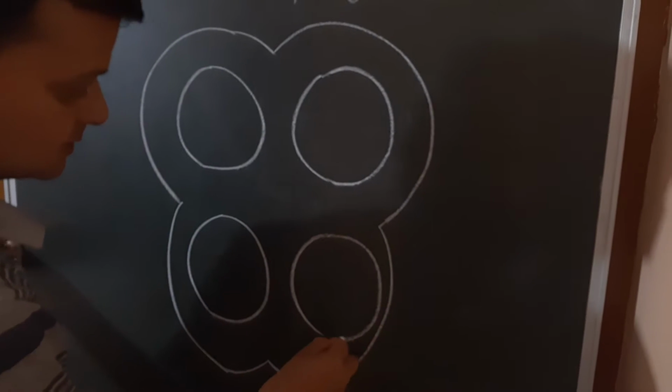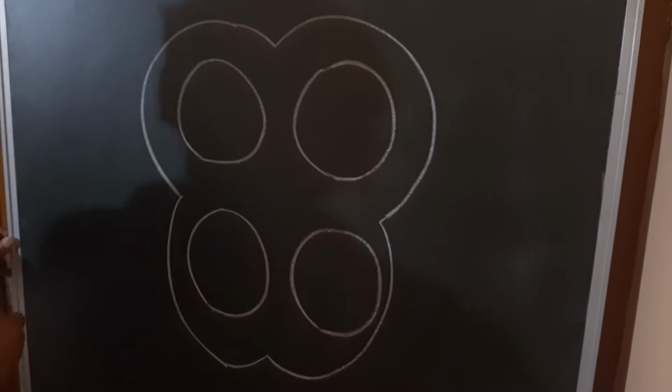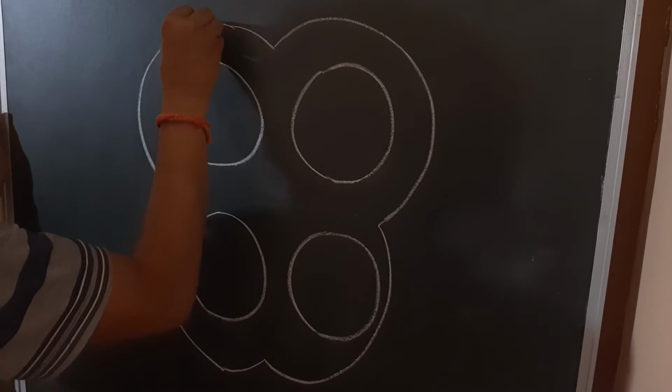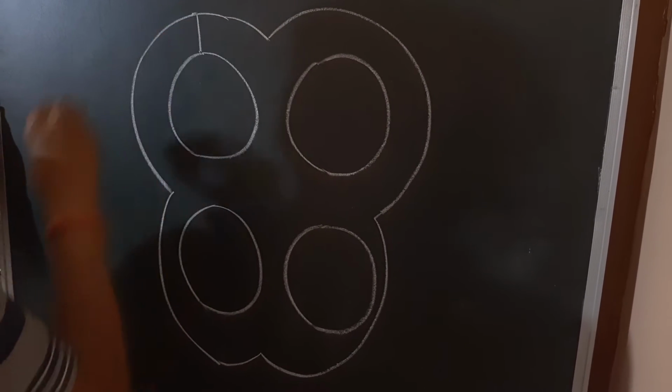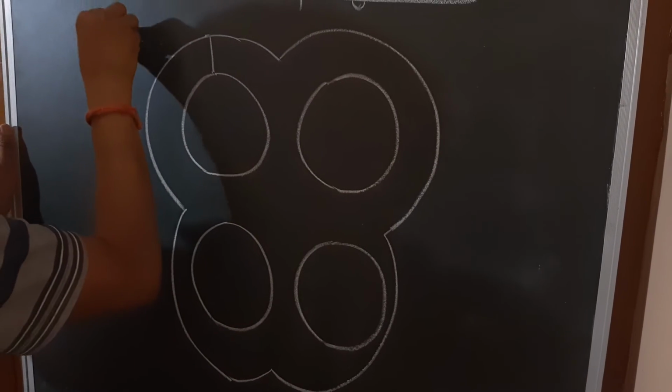As a recall or revision, the layer from here to here, this much part, is called the anther wall.